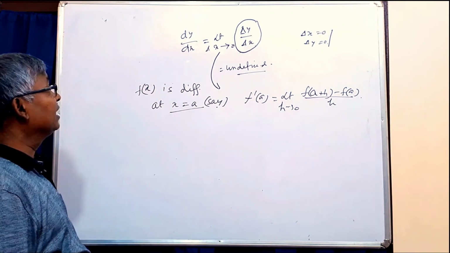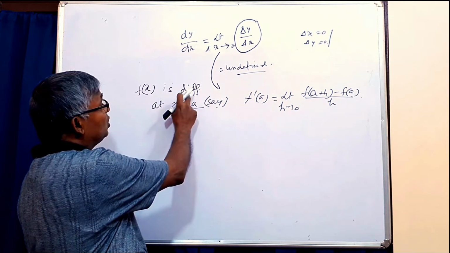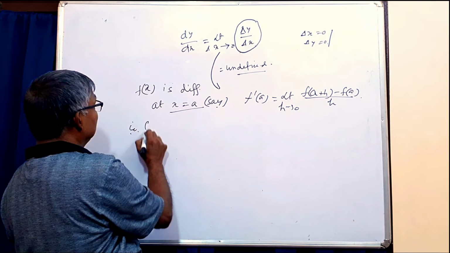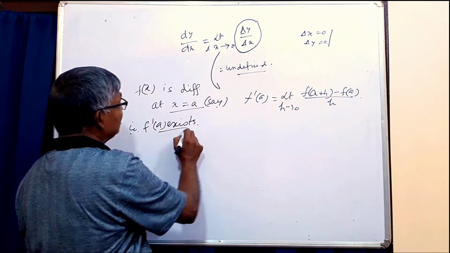Let us see. The function is differentiable, I have already told, that is, f dash a exists, and this is the value of this.